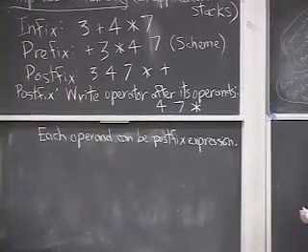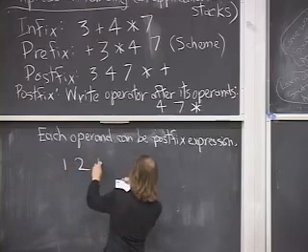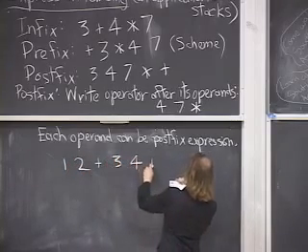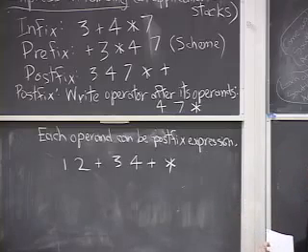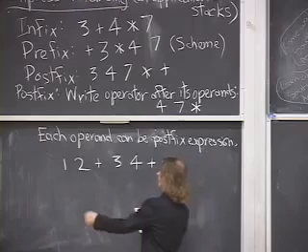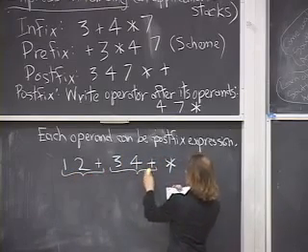And so, for instance, I can write down something like 1, 2 plus 3, 4 plus times. And what are the operands of that multiplication operation? Well, here's one of them, and here's the other one.